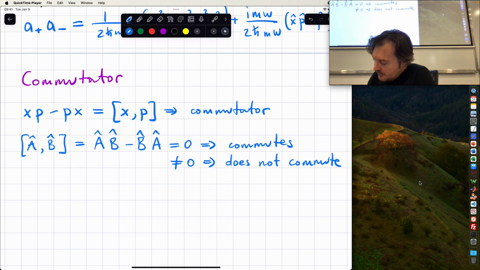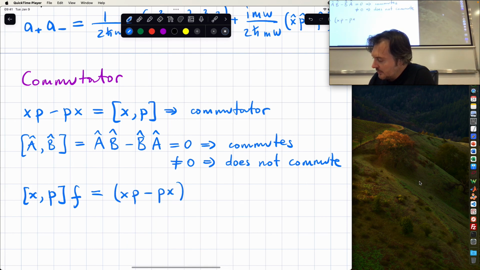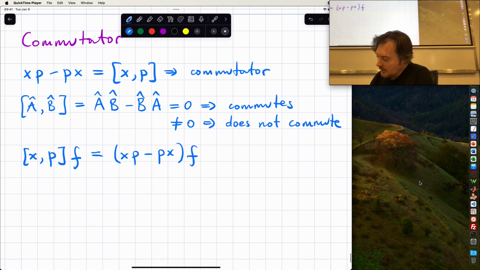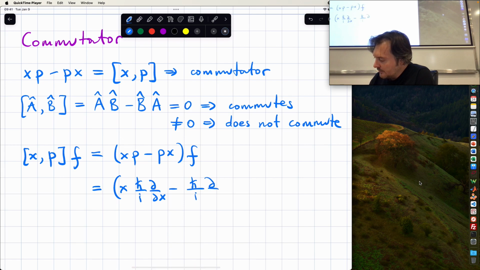To find this commutator, I am going to operate on a function f with this commutator. So xp minus px multiplied by f. What does it mean? It means that you have x times h bar over i del over del x, minus h bar over i del over del x, x times f.